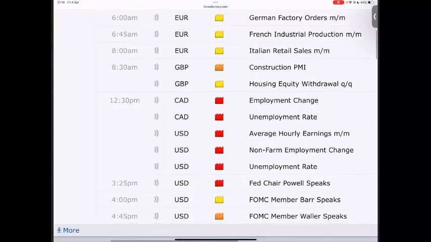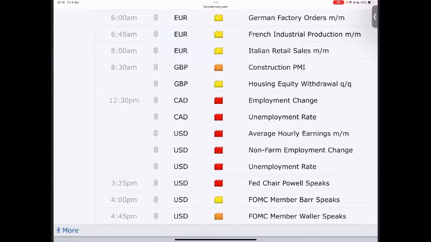So by 12:30 today we had news that affected CAD pairs. Every pair having both CAD and USD as either base currency or quote currency is going to be affected by the high impact news.